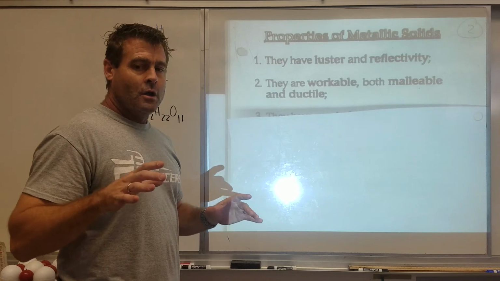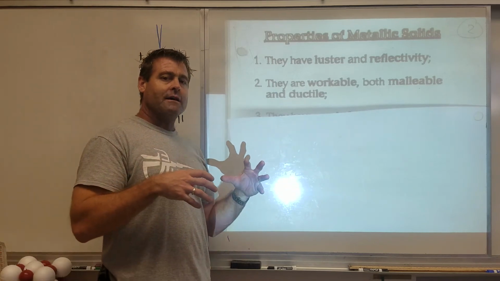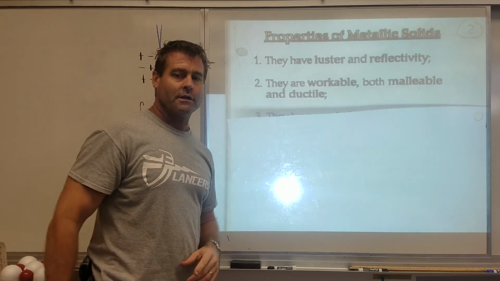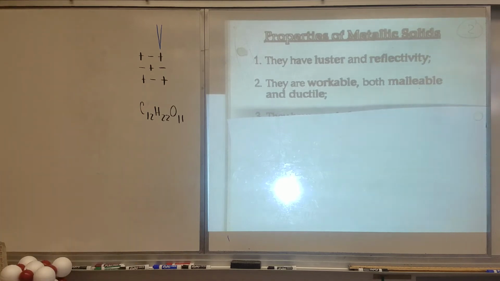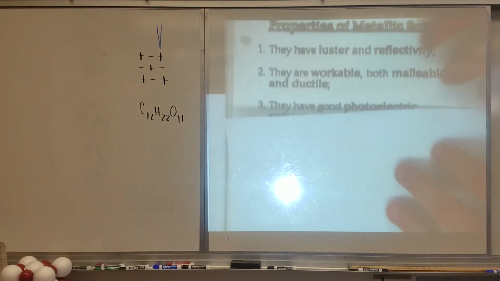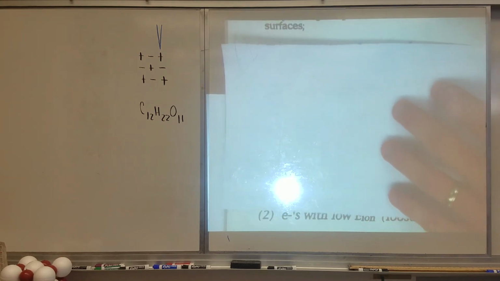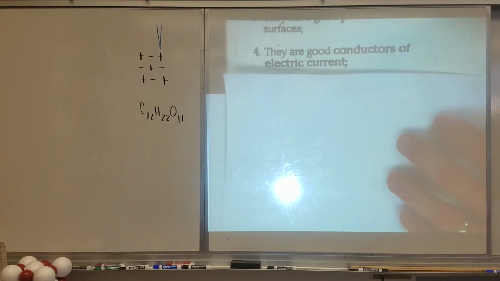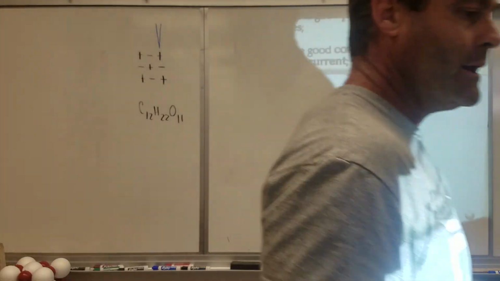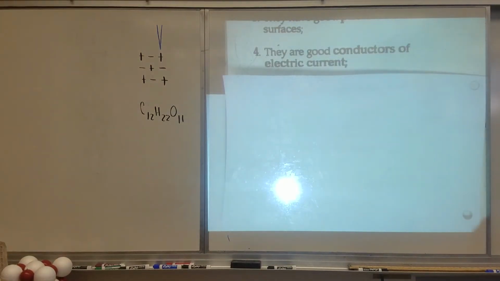There's a certain way the atoms align themselves that causes these properties. We're going to look at that in a little bit. Another thing, skip number 3. Number 4, they are good conductors of electric current. We already knew that. I didn't even have to demonstrate that for you.